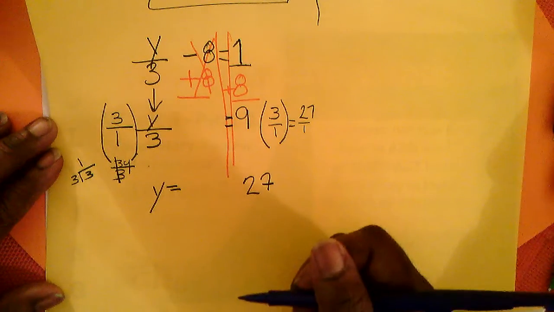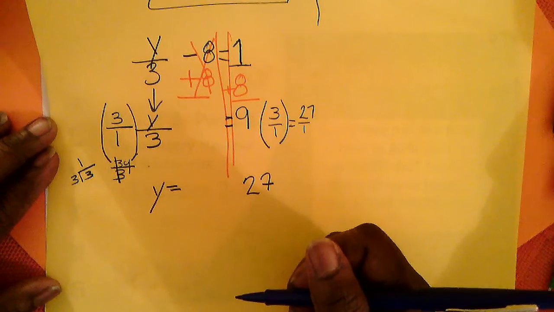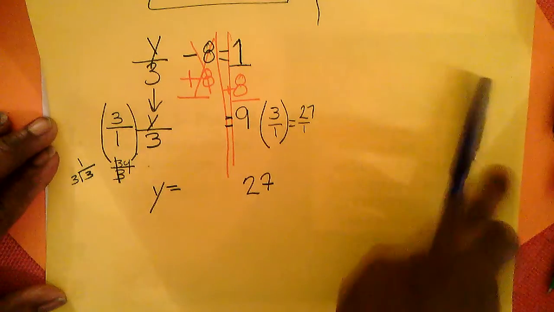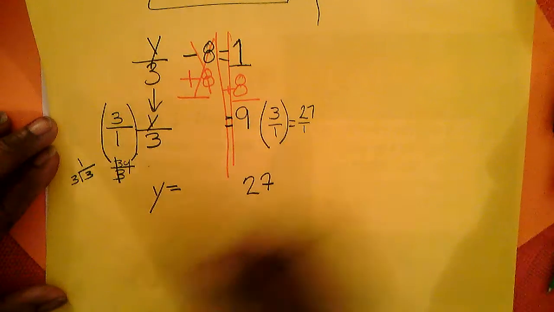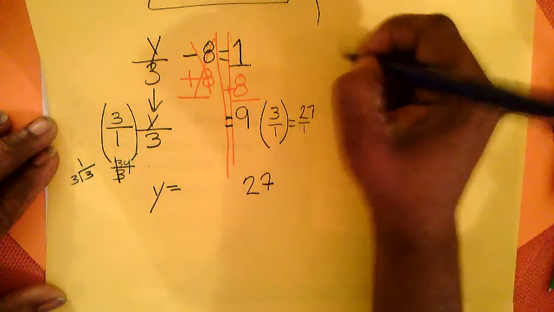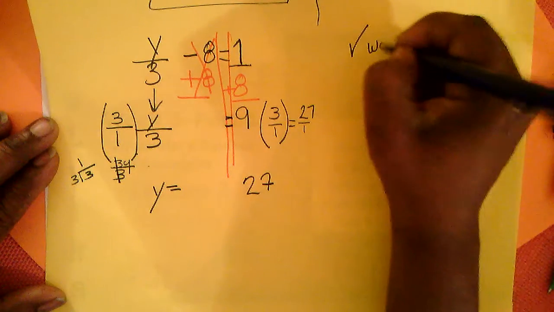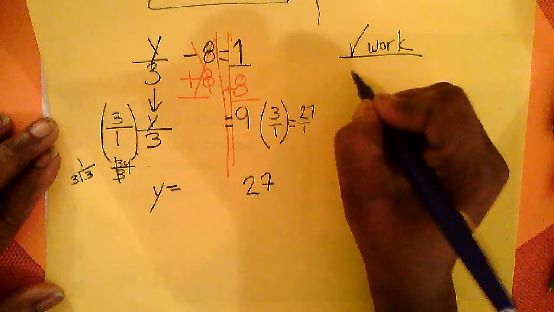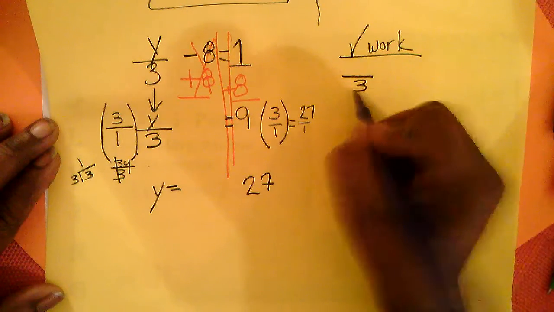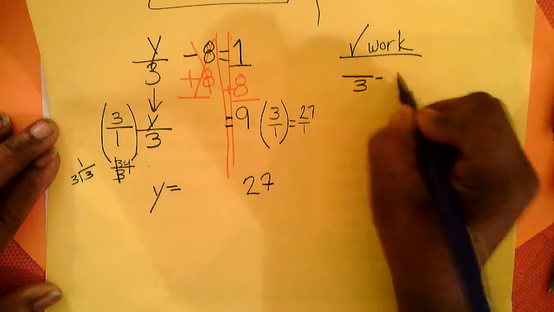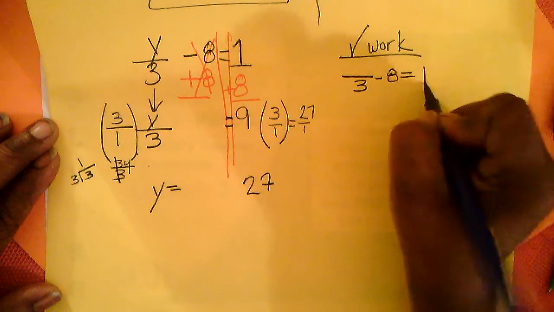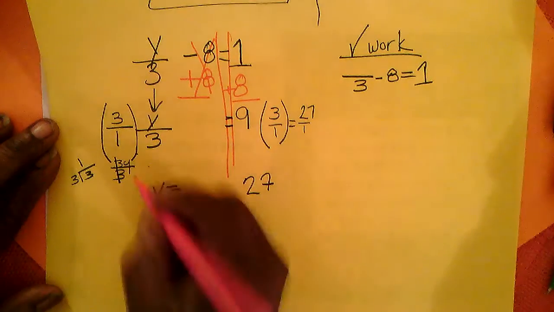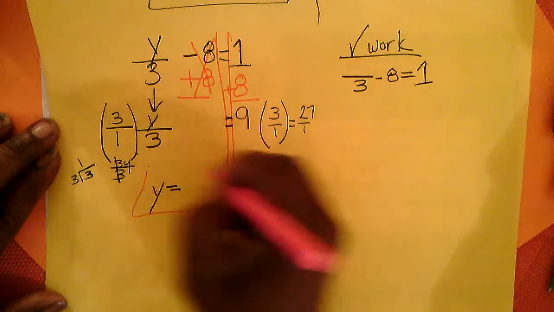Now, if we wanted to check that, just to make sure it was right, this is how we would do it in a checking process. Our original equation was y over 3 minus 8 equals 1. After doing our work, we said y equals 27.